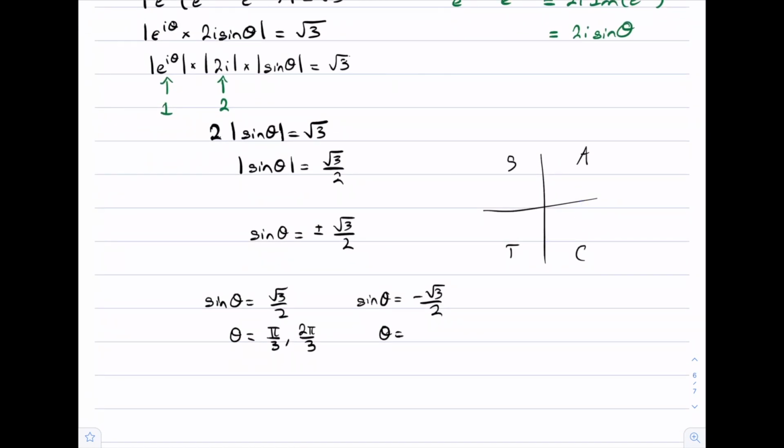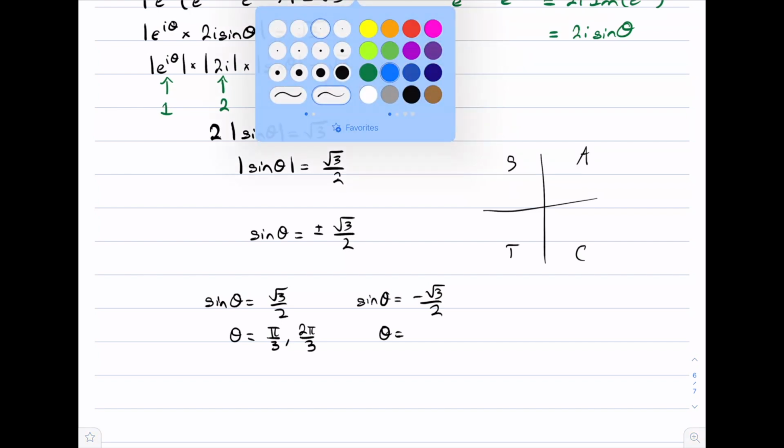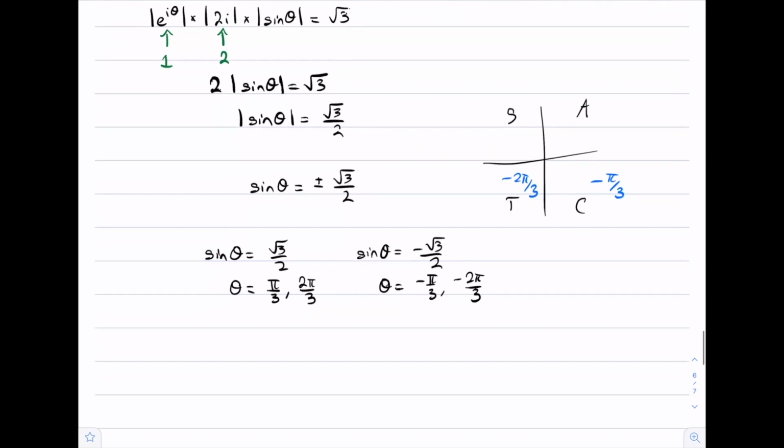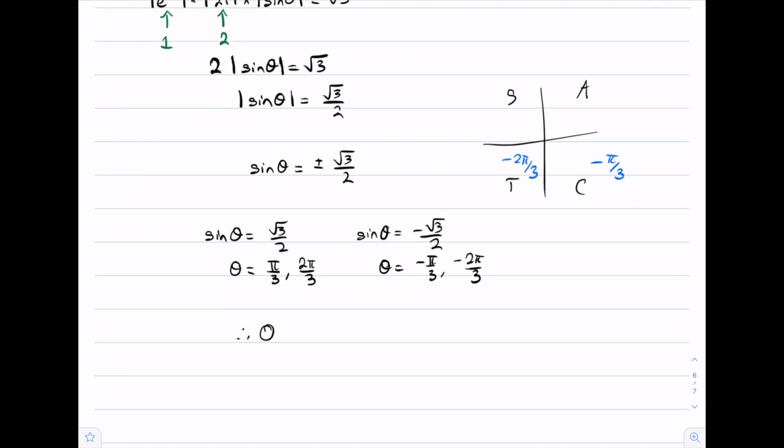So if we're sitting in this quadrant, it's going to be minus pi on 3, and if we're sitting in this quadrant, it'll be minus 2 pi on 3. So our answer for this equation will be minus pi on 3 and minus 2 pi on 3. And so overall, our answer will be theta equals plus or minus pi on 3, plus or minus 2 pi on 3. And that is the final answer.